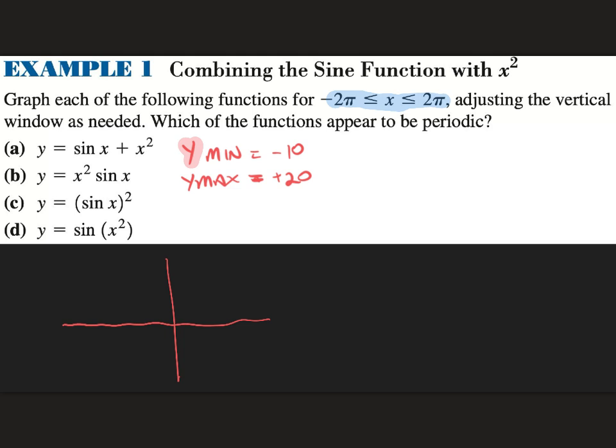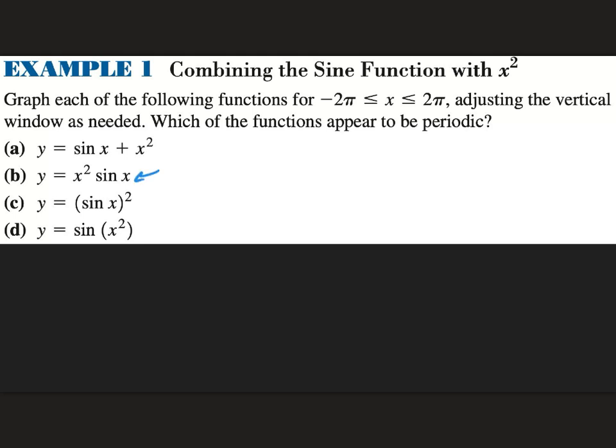So it sort of looks like a parabola. It looks something like this. So this is A. This is not periodic. Okay, for B, we had to change y min to negative 25 and y max to positive 25.